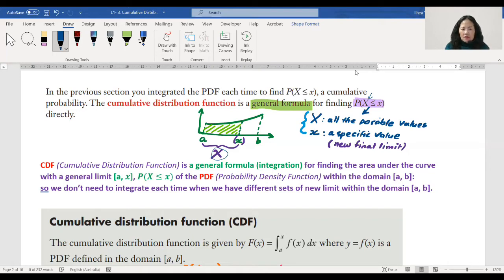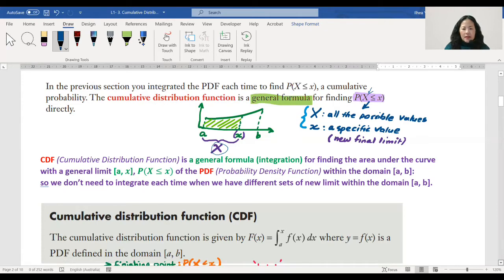But with a cumulative distribution function, we also call it CDF, it gives us a general formula. Okay, so what does that mean? I've just summarized it underneath here.